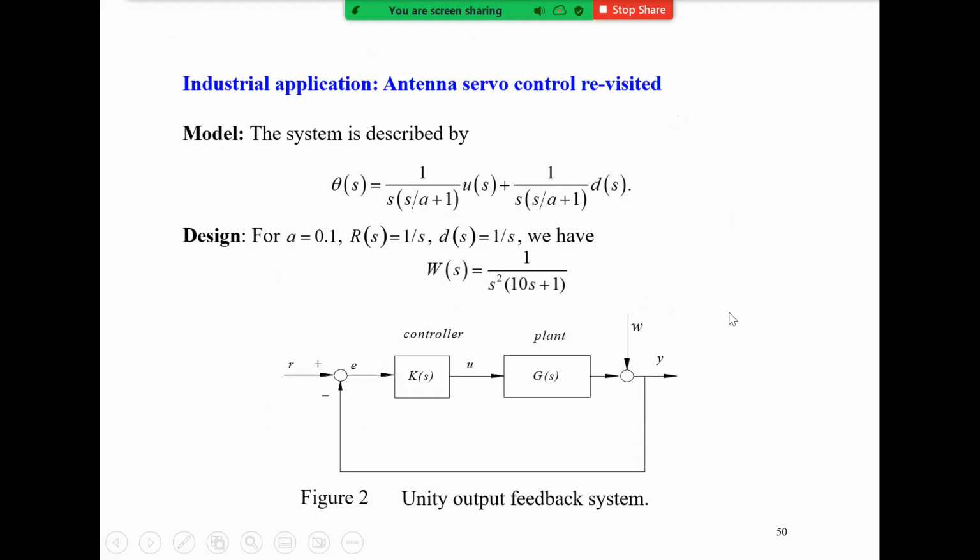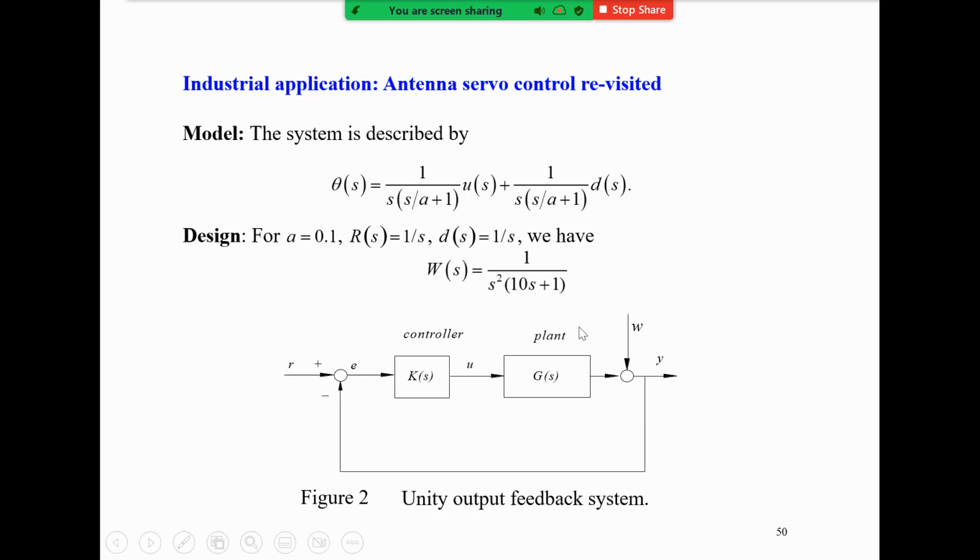Now we can go back to the satellite antenna control problem. Now we can give the solution to that. We know this is the transfer function. This parameter A equals 0.1. So this would be this transfer function.